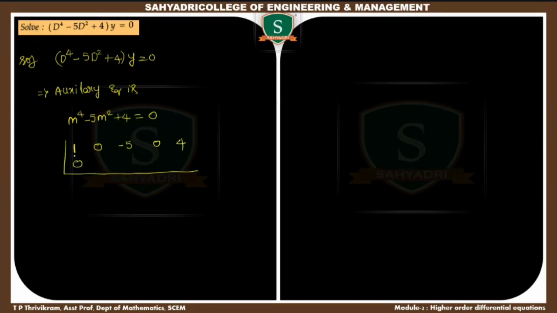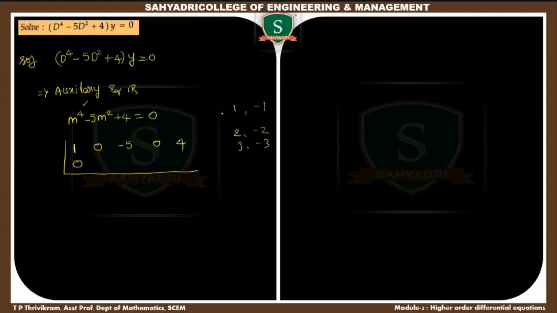Now we have to reduce this into a quadratic equation. It is of degree 4. If you want to convert it into a quadratic equation, you need to find 2 initial solutions. Try 1, minus 1, or 2, minus 2, or 3, minus 3, or 1 by 2, minus 1 by 2.